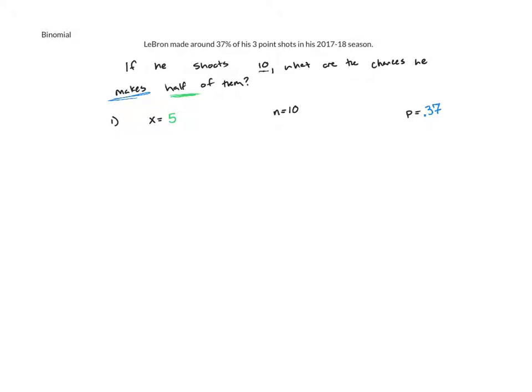The next thing I'll do is, on step 2, write out my formula. This is the probability that the number he makes, big X, is equal to 5. To fill this in here, I'm going to write it out as N choose X, times P to the X, times 1 minus P to the N minus X, and I'm going to fill the individual parts in. So here, he has a total of 10 shots.